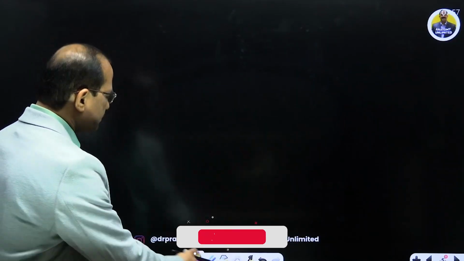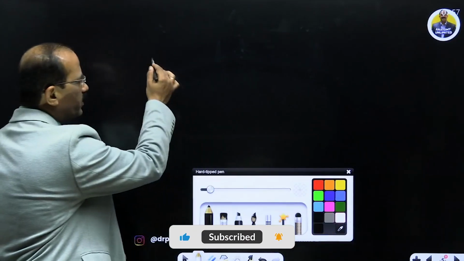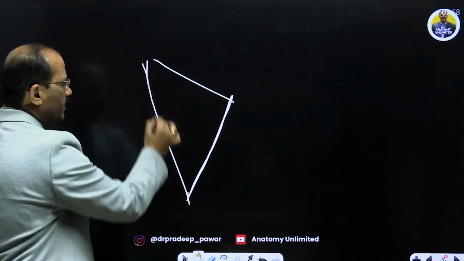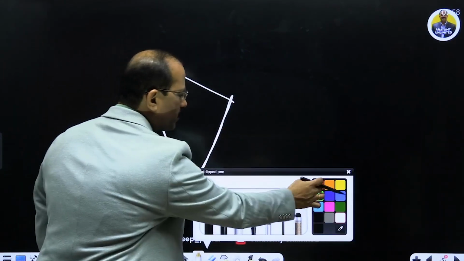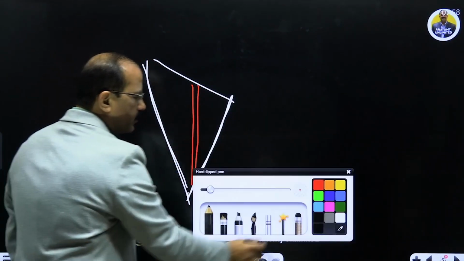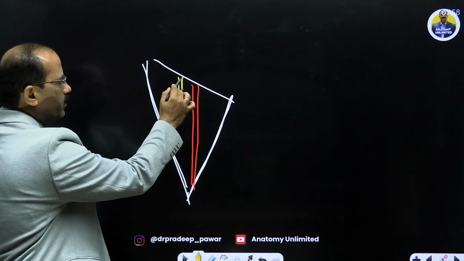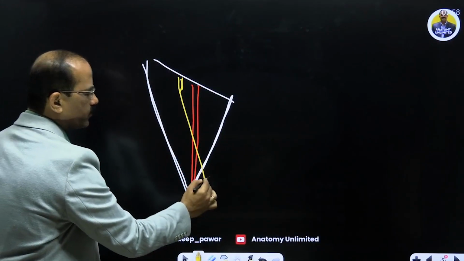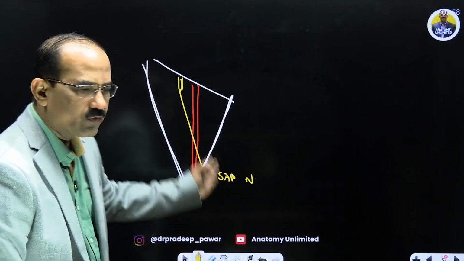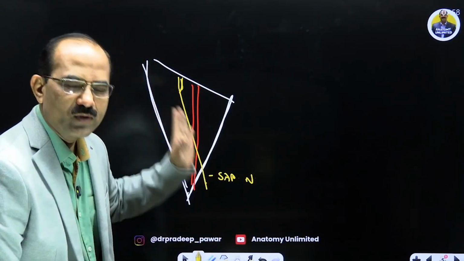Like suppose if that's the femoral triangle, ये sartorius है, ये adductor longus है, ठीक है? This is the femoral triangle. This is the femoral artery. The femoral nerve, ये है femoral nerve, and this is the saphenous nerve. ये कौन है? Saphenous nerve.